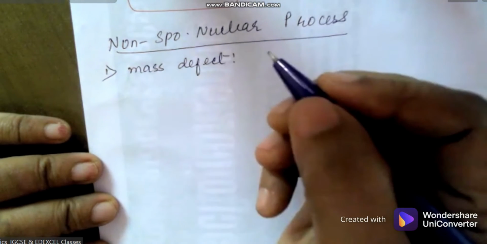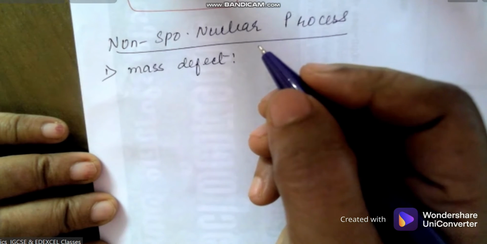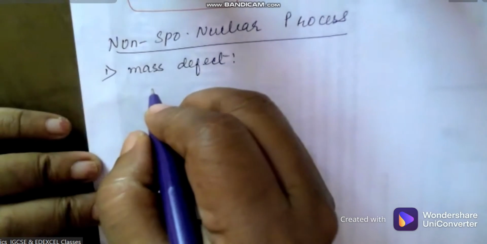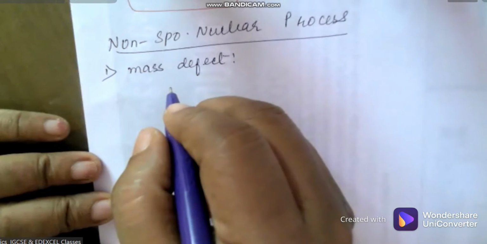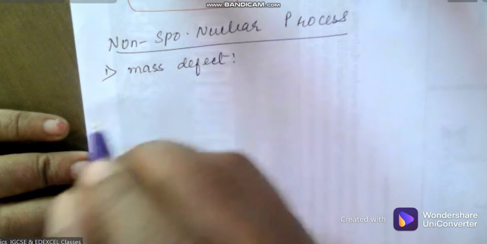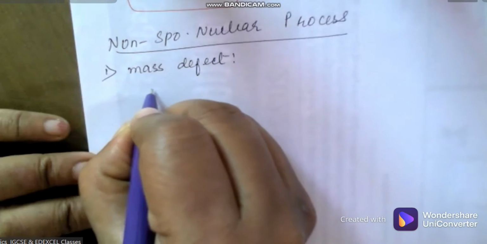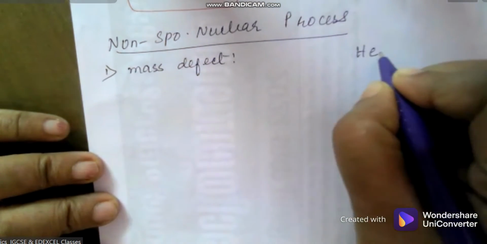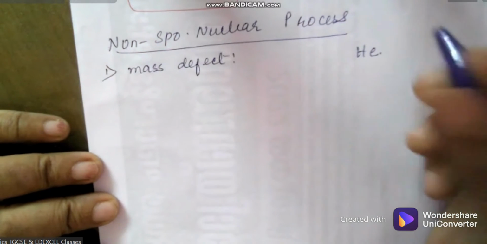We have learned that nucleus is made up of protons and neutrons, which are the nucleons. But the sum of the masses of protons and neutrons is not equal to the mass of the nucleus. For example, assume that you have got a helium nucleus. Remember, we are going to talk about only nuclei, no outside electrons.